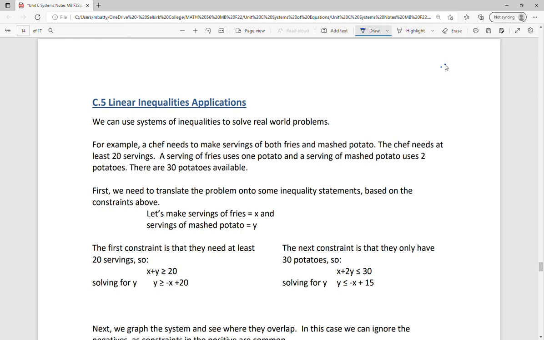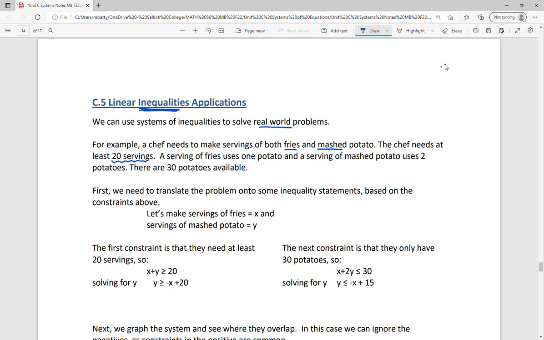We're going to carry on with these inequalities, but we're going to apply them to some real world things. So for an example, you are a chef and you use potatoes to make fries and mashed potatoes. You have to make at least 20 servings, but fries use 1 potato, but mashed potatoes use 2 potatoes.